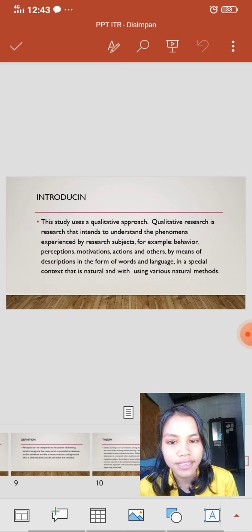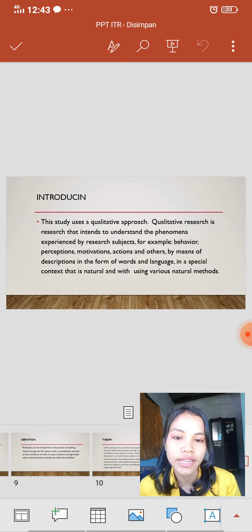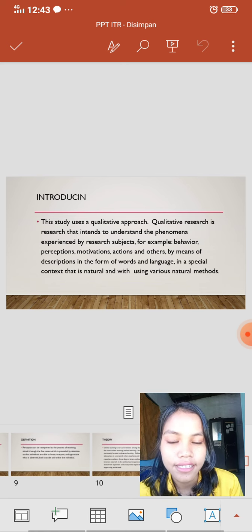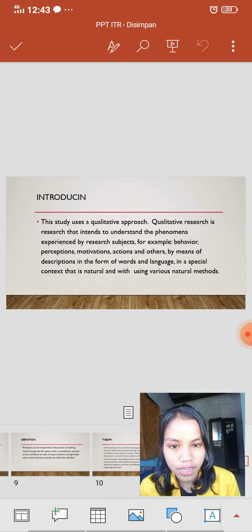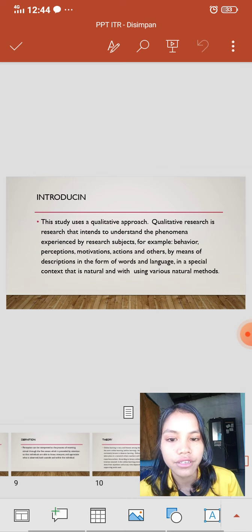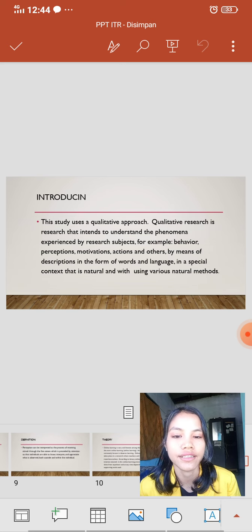Qualitative research is research that intends to understand the phenomena experienced by research subjects, for example behavior, perception, motivation, action, and others, by means of description in the form of words and language in a special context that is natural and using various natural methods.